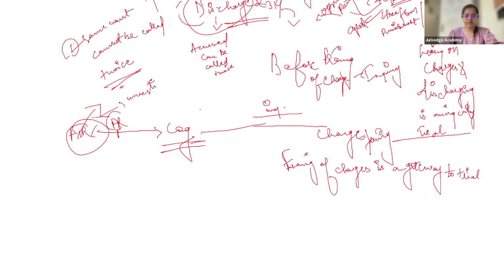So what is this between police report and cognizance? I told you before taking cognizance also some kind of questions arise. For example, in the case of Nupur Talwar, there were a lot of ifs and buts before taking cognizance, whether we should take cognizance or not.